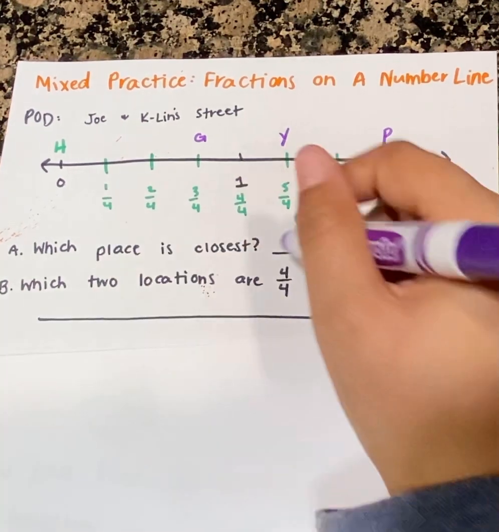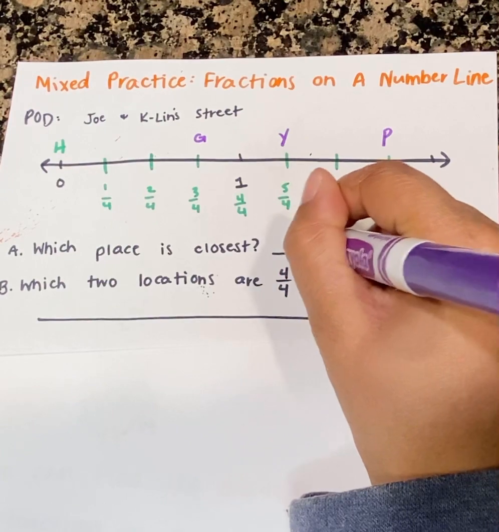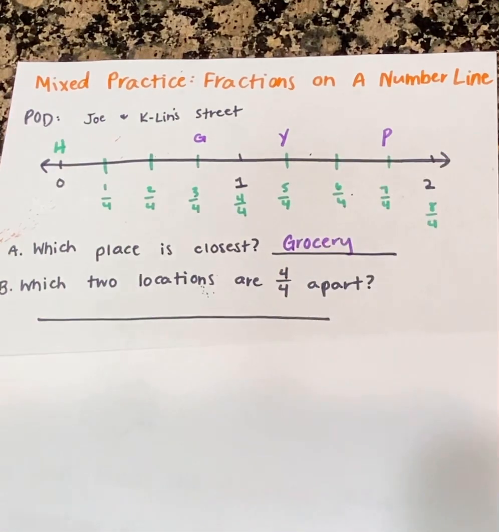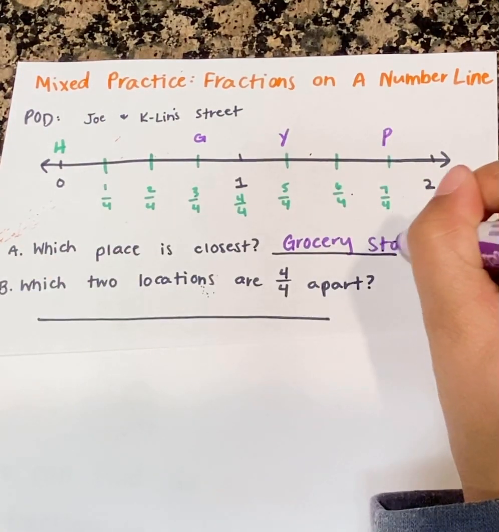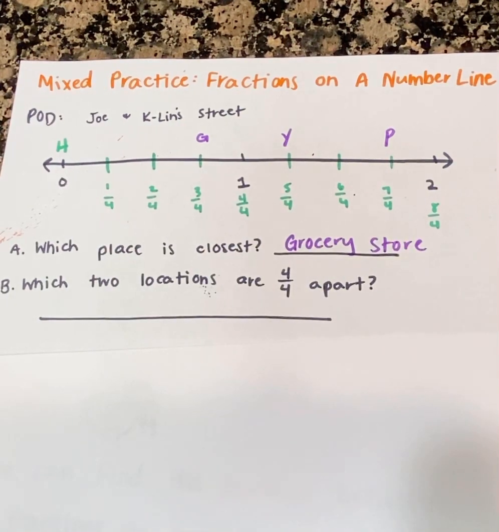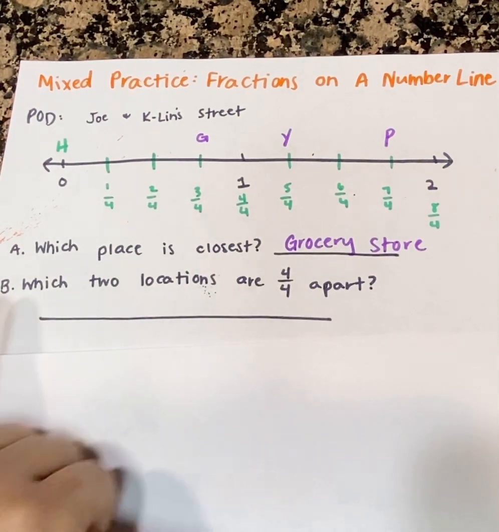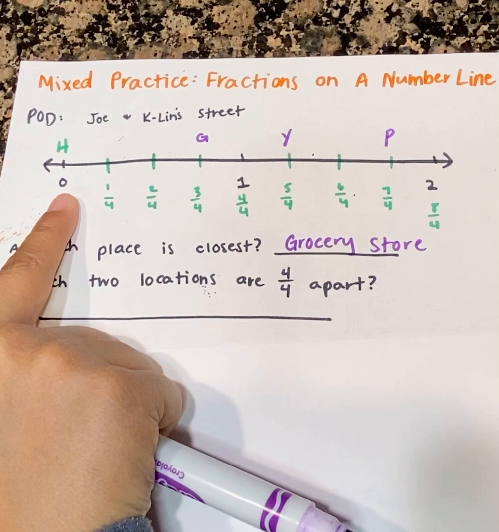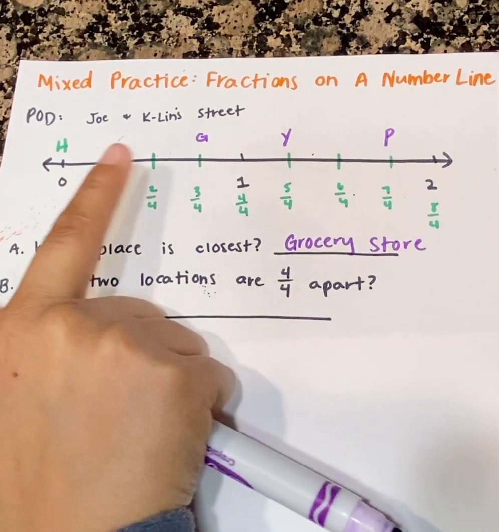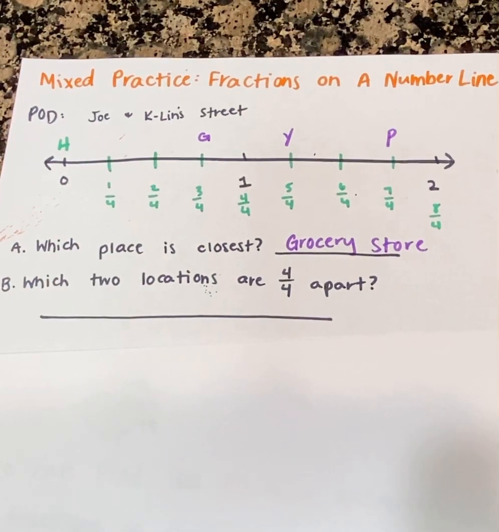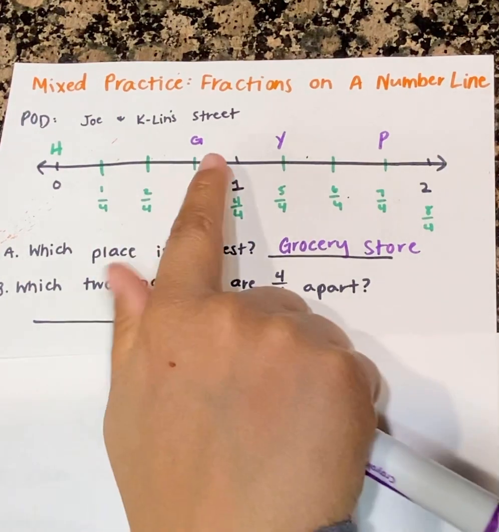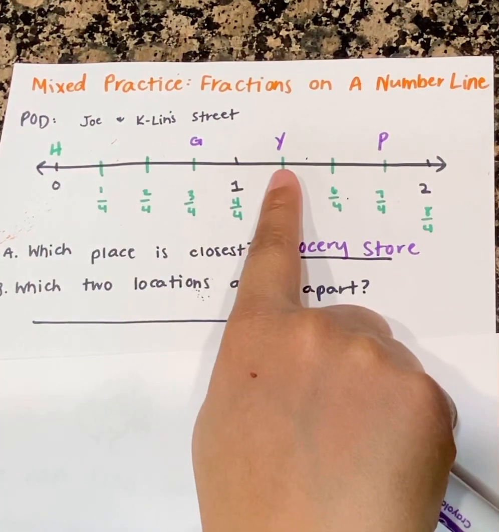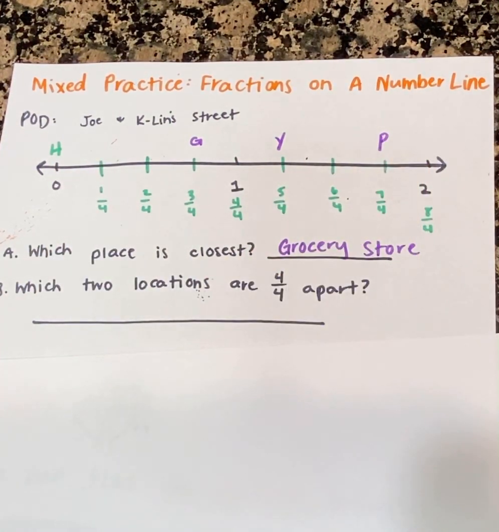I heard you say that the grocery store is the closest. And you know because 0 represents where their house is, and the grocery store is only 3/4 of a mile away from their house. That's closer to them than the YMCA or Patty's Pizza.